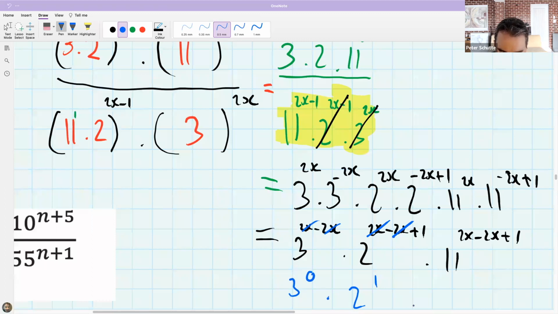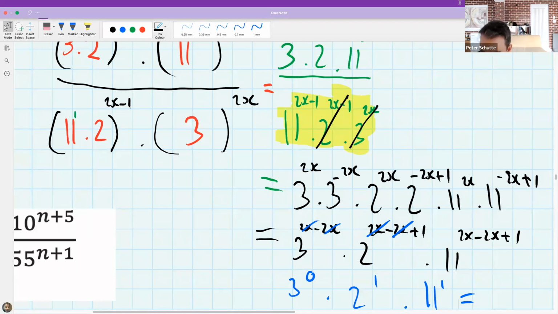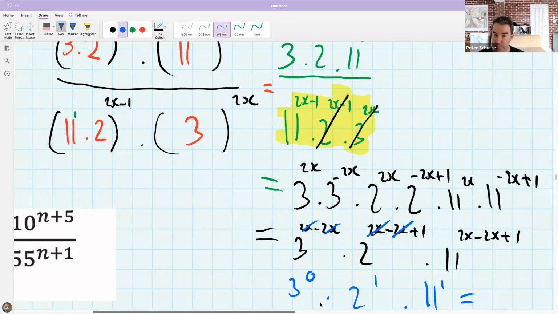These cancel out and give me 3 to the 0. And these cancel out and give me that. So what's my final answer going to be? People of the room, what do we think the answer is going to be here? So we know 3 to the power of 0 is the same as 1, right? So it's just a 1. 2 is just itself, 11 is itself, and so the final answer would be 22.